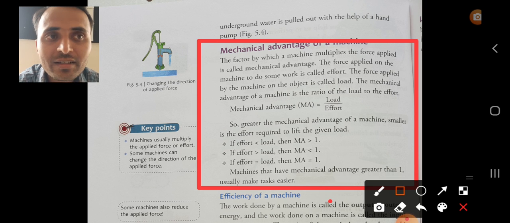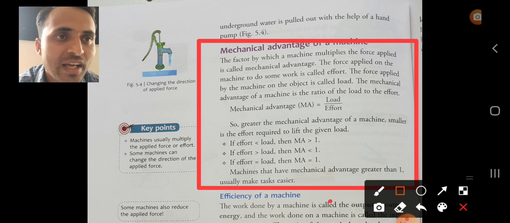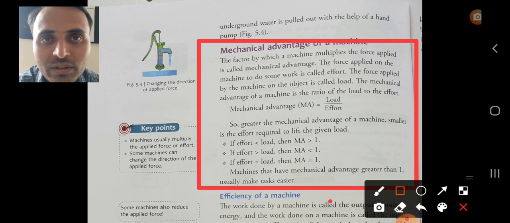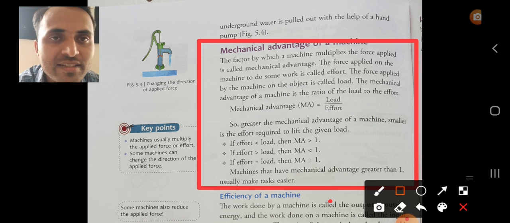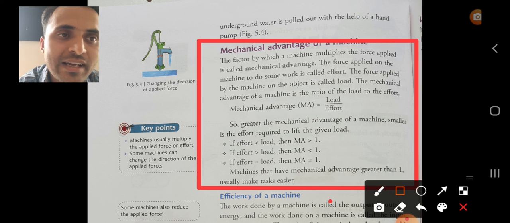Try to understand, there are two different things: one is the effort, the second is the load. Effort is used when you have to lift the load. Load is nothing but a type of weight. The ratio of the load to the effort is the mechanical advantage. So again, there are three conditions.